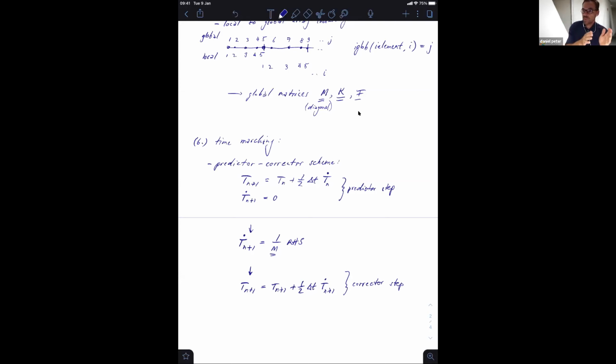But the time stepping, which deals with this time derivative or time approximation, is based on a different scheme. And this predictor corrector scheme is, if you want, equivalent to a finite difference central scheme.